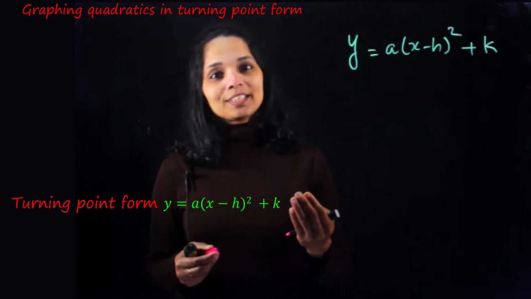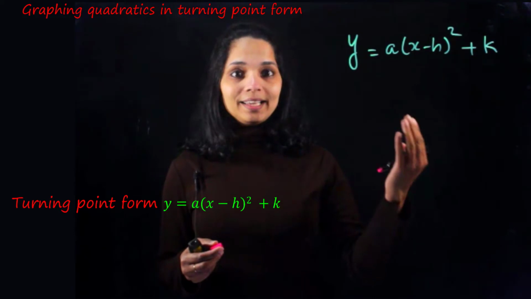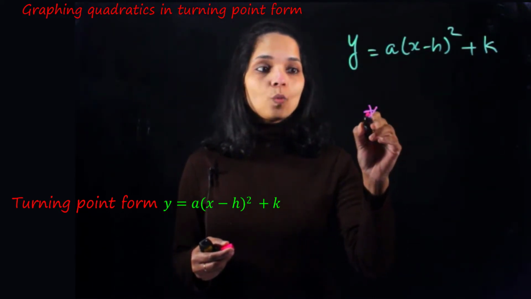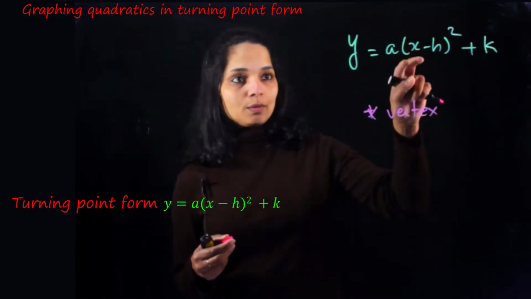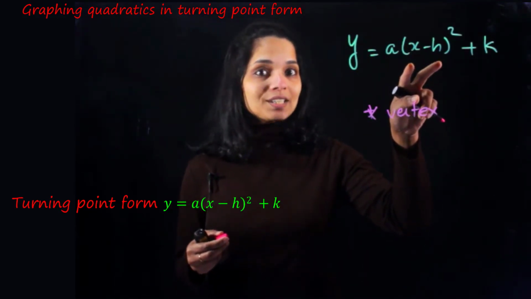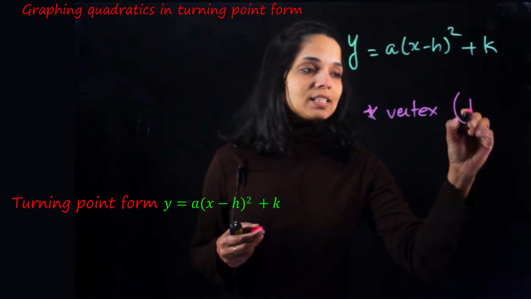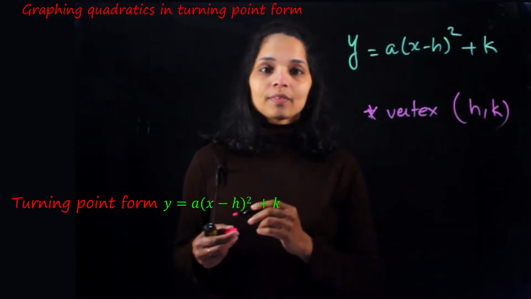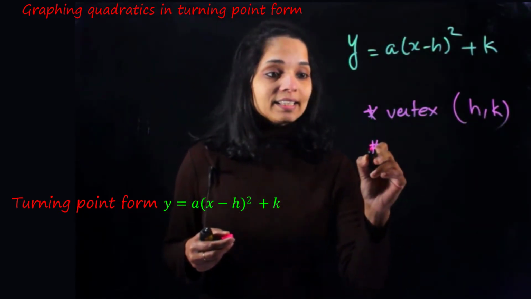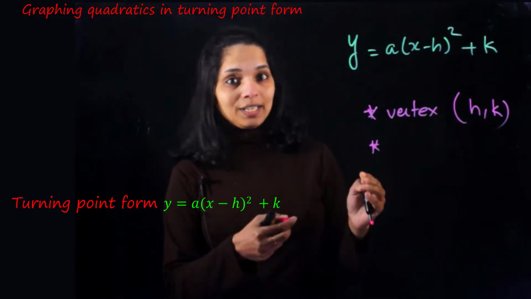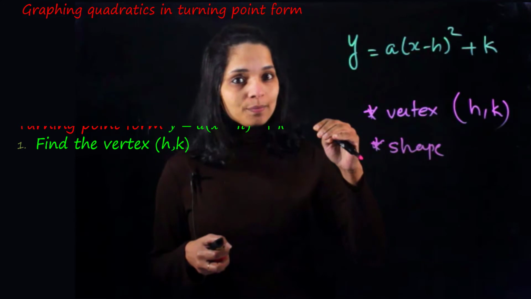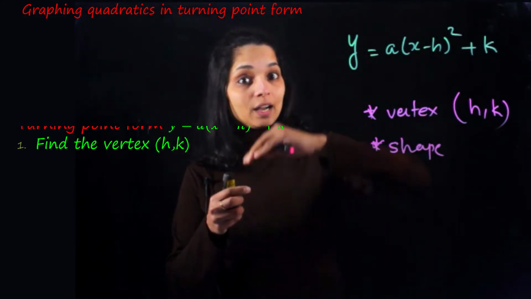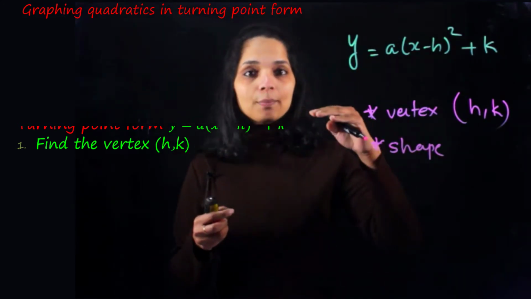What are the different things that we require to plot a quadratic function? First, we need the vertex or the turning point, which we can obtain directly from this turning point form, which is (h, k). The second thing is the shape of the graph. We know the shape of a quadratic function is a parabola, but we want to know whether it's concave down or concave up.